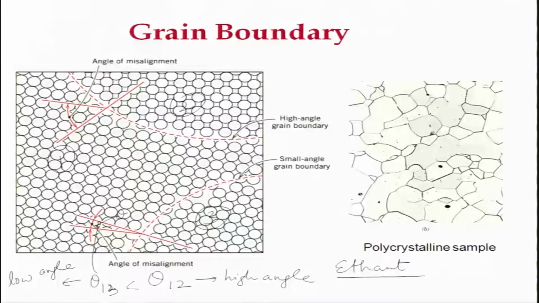And the grains may also have different colors, because different colors may represent different phases as well as different orientations of grains. So, depending upon the crystallographic orientation of the plane, the reflectivity of the plane itself may be different. Okay. But in a normal optical microscope, you see this black and white contrast. The white ones are typically grains and the black boundaries are called the grain boundaries. So, these are grains and these ones are the grain boundaries. Okay.